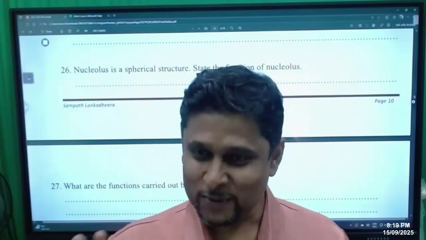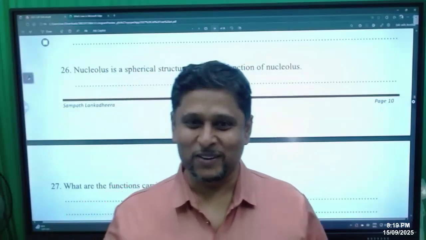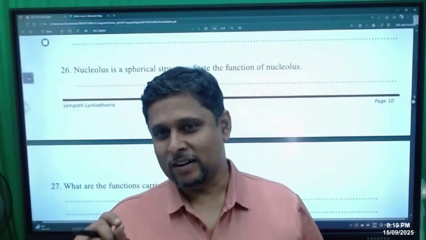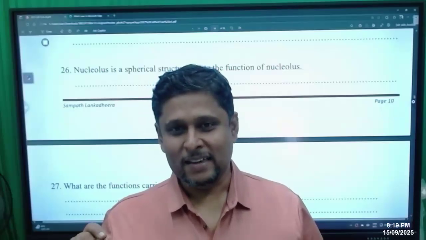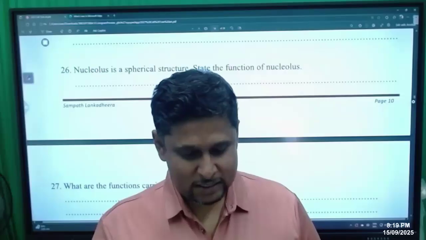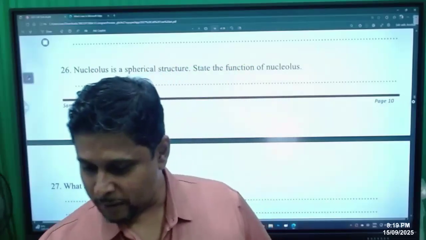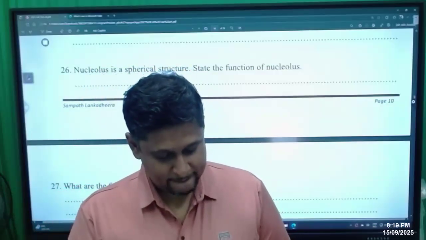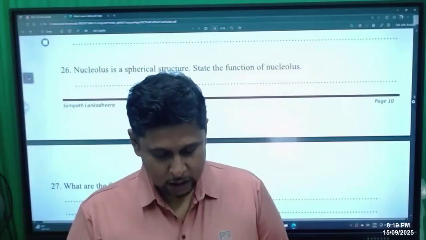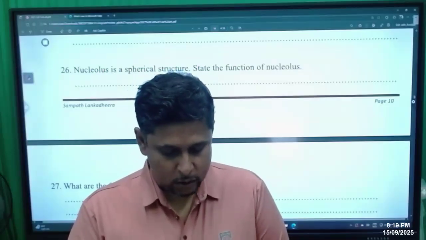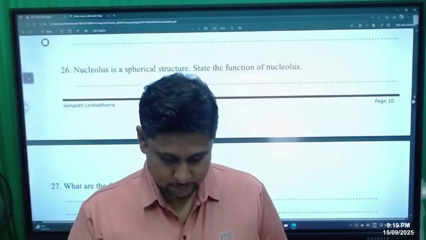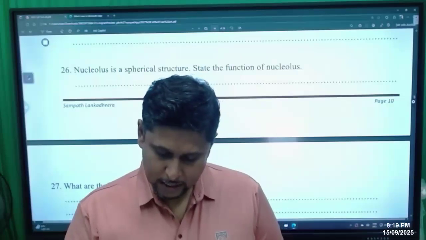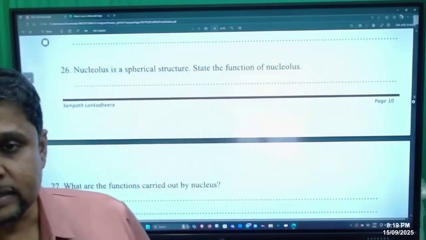It is involved in the formation of ribosomal RNA and ribosomal subunits. We said nucleolus synthesizes ribosomal RNA and ribosomal subunits required for protein synthesis.